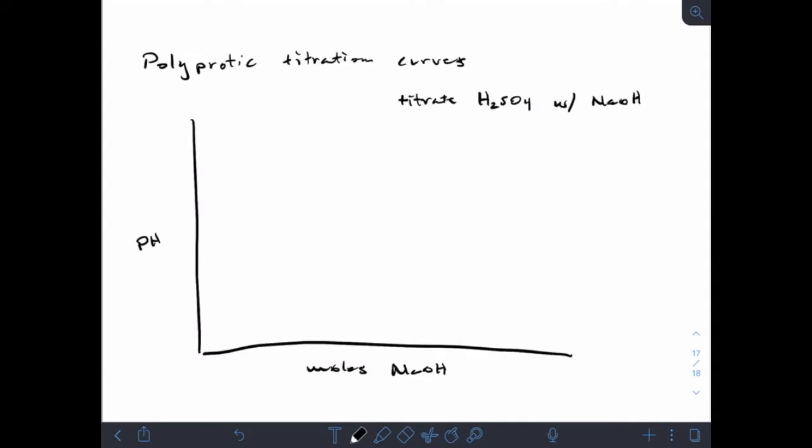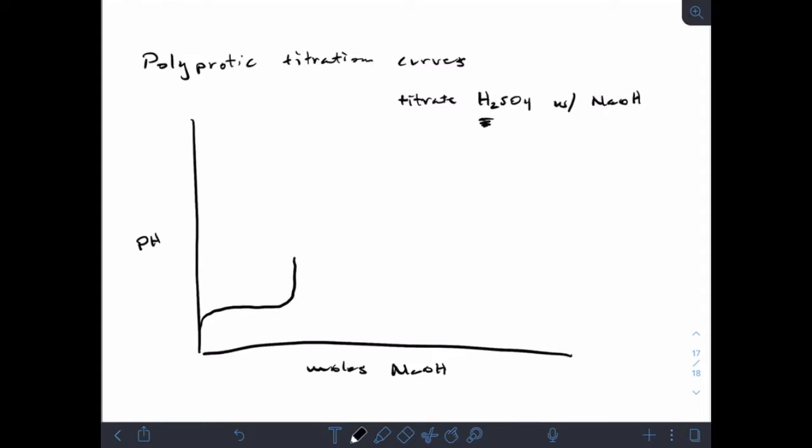Okay, notice that sulfuric acid has 2 protons. Okay, and they're both acidic protons. So when polyprotic acids come apart, they come apart one step at a time. Okay, so what our titration curve is going to look like, first off, this is a strong acid. Sulfuric acid is one of our strongs. So our first proton is going to have a similar titration profile to a strong acid.